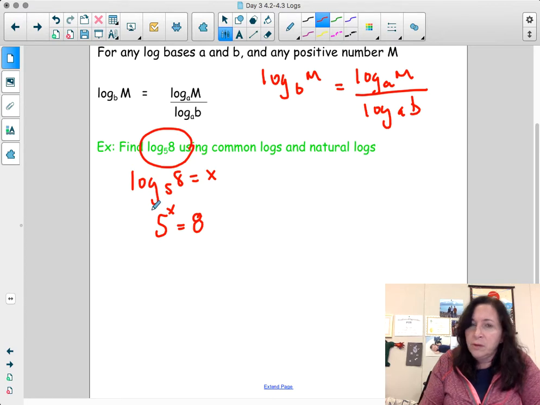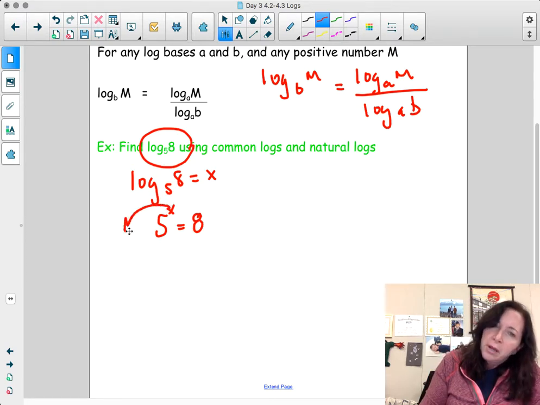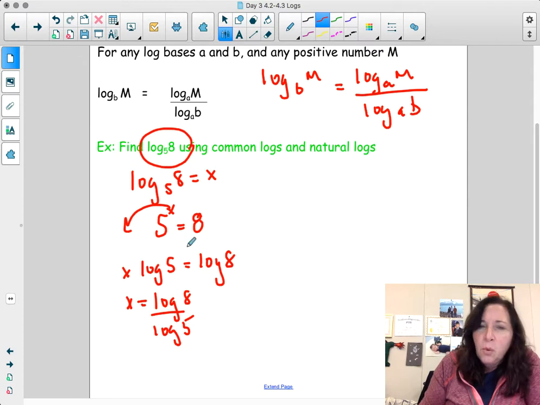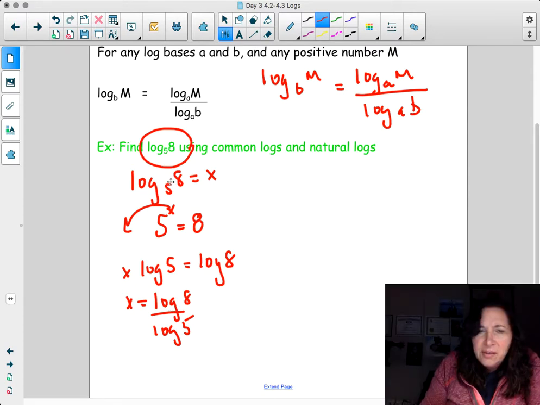So that's what this example here is showing you, that you're going to bring this out front, and that's going to be x log 5 equals log 8, x equals log 8 divided by log 5. And watch how, see this denominator here, this 5 became my base value. My argument became the top, okay?